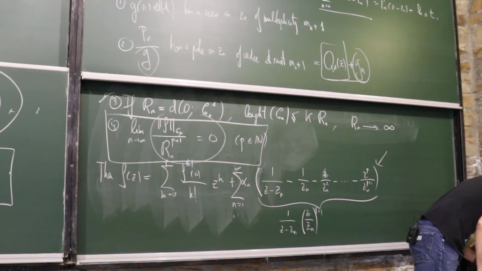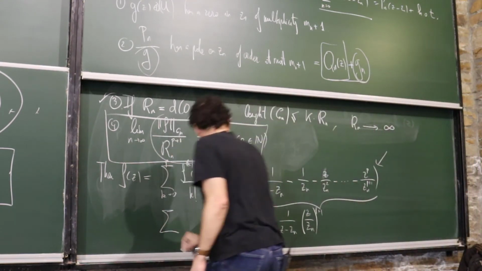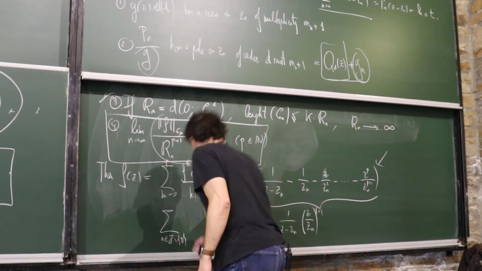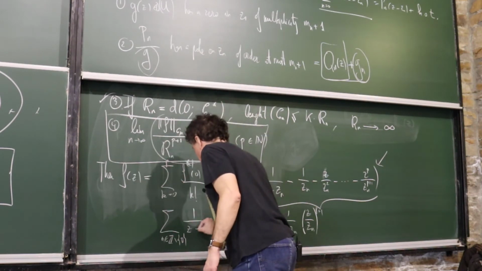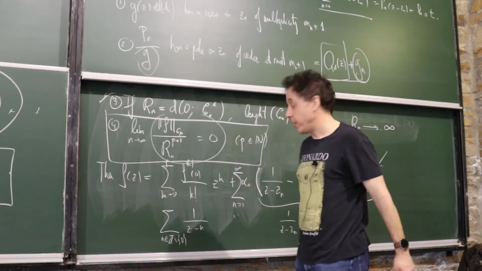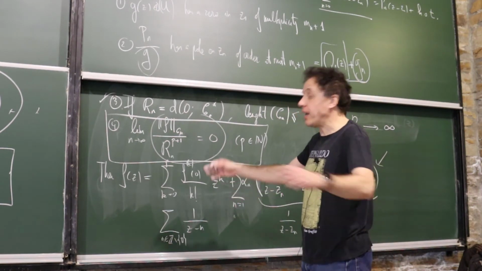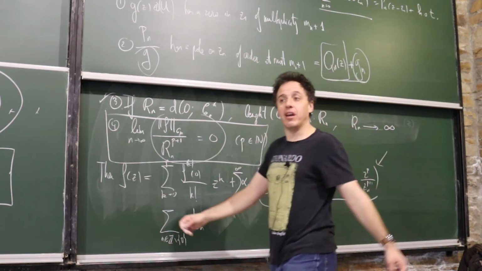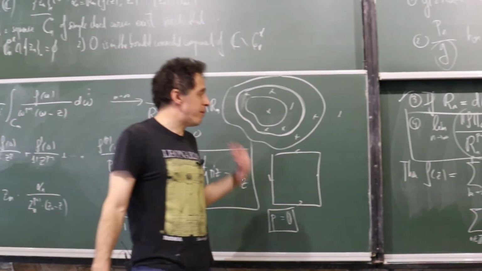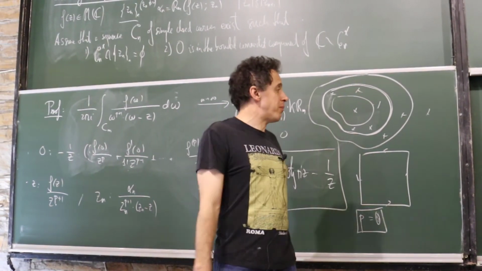You will have n an integer different from 0 of 1 over z minus n, but you can put together the term with n and the term with minus n, and you obtain the same expansion of the cotangent as we obtained before, doing the same class of arguments.